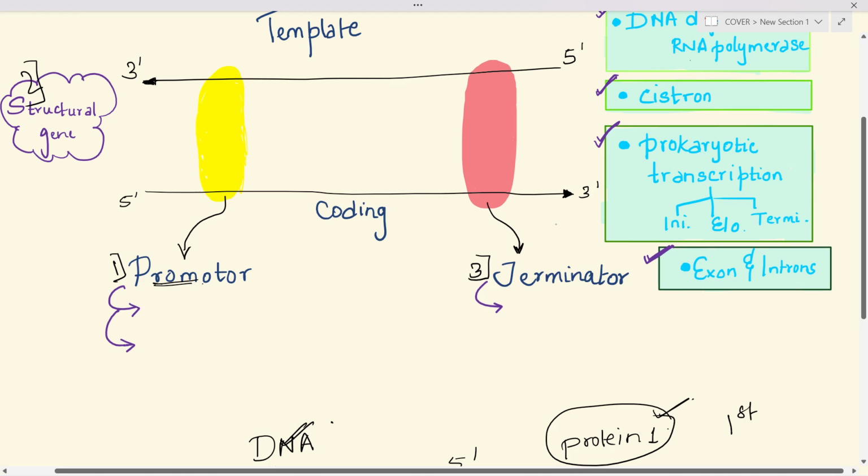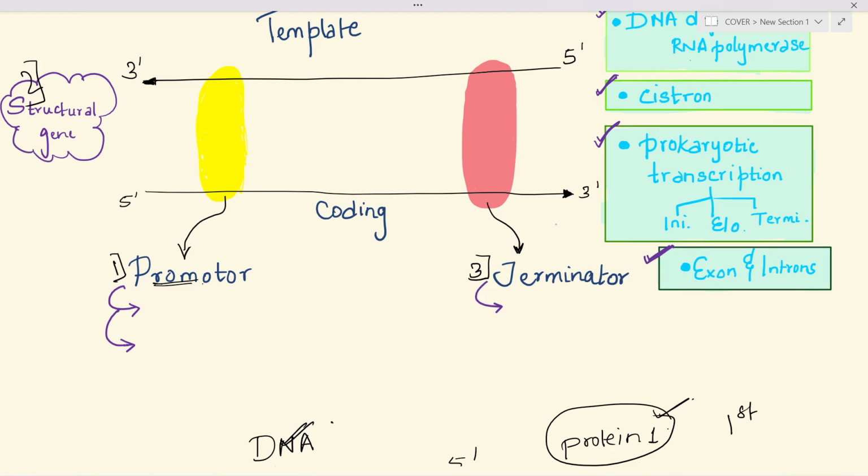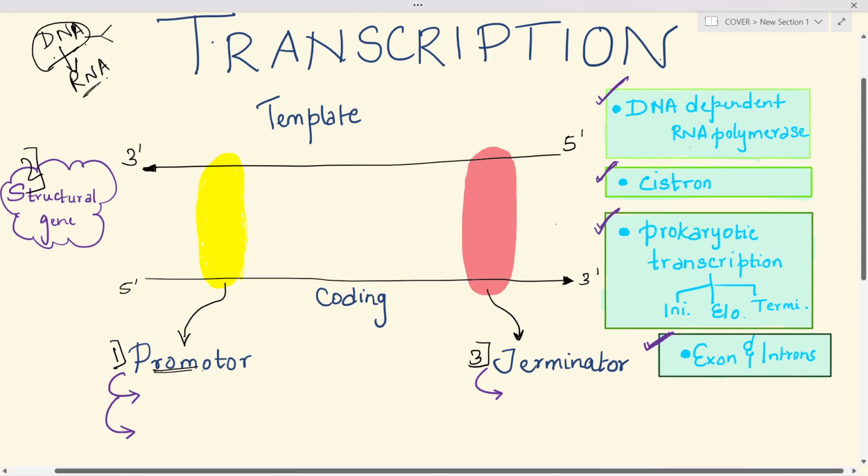The promoter is the part... Suppose we see that the most important person present in DNA replication was DNA dependent DNA polymerase, which indicates that from DNA we make DNA. But when we are converting DNA into RNA, the most important person over here is DNA dependent RNA polymerase.